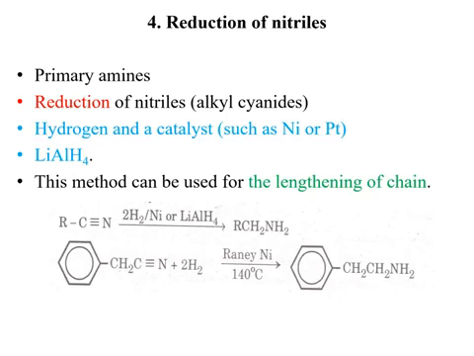This method can be used for the lengthening of chain. This method is different from the previous reactions because in this case the chain of the amine can be increased. C triple bond N is converted into CH2 and N is converted into NH2. So in total 4 hydrogen atoms are involved in this reaction.